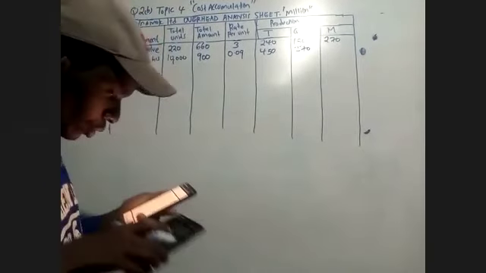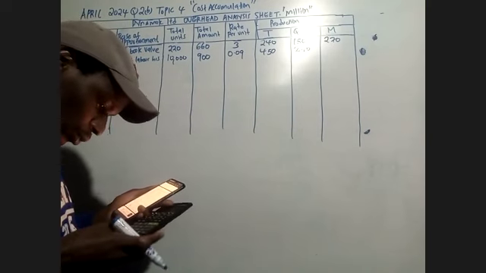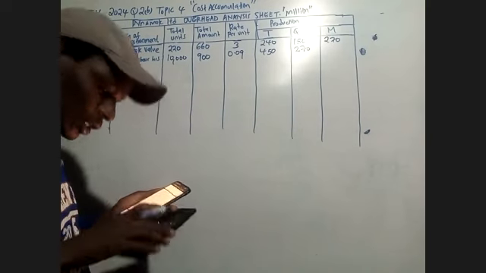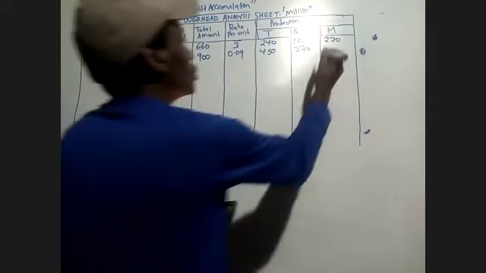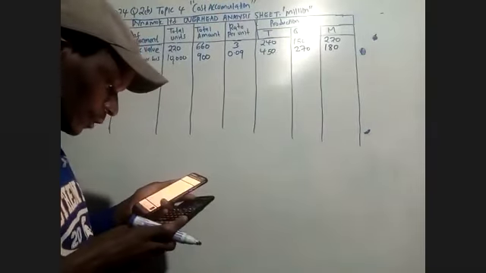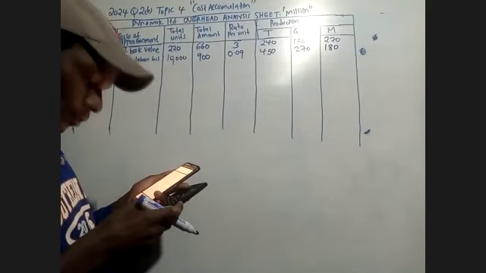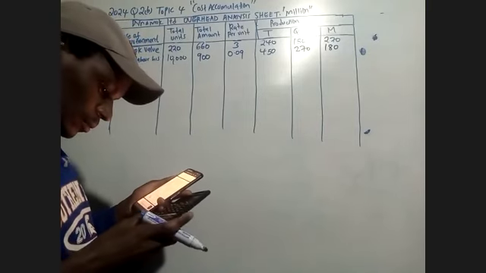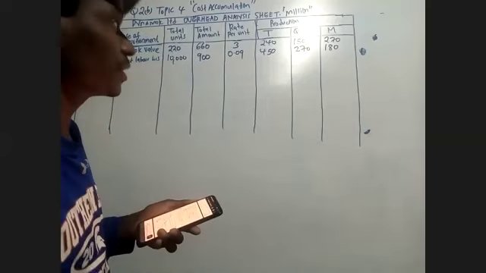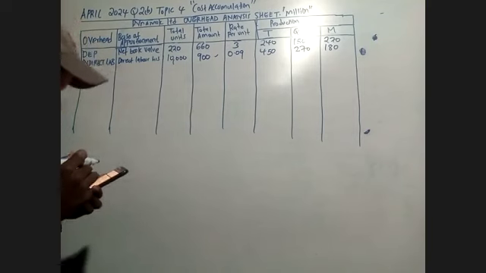And then wa mwisho ni 2,000 times 0.09, which is 180. So tujaribu 450 plus 270 plus 180. This one is 900. Is that correct?